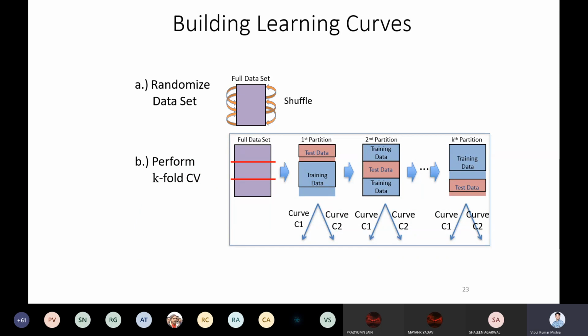Once we make this learning curve, it is very important to shuffle the data. Maybe your data is ordered, by alphabets or numbers or something. Then first you need to shuffle the data and divide it.